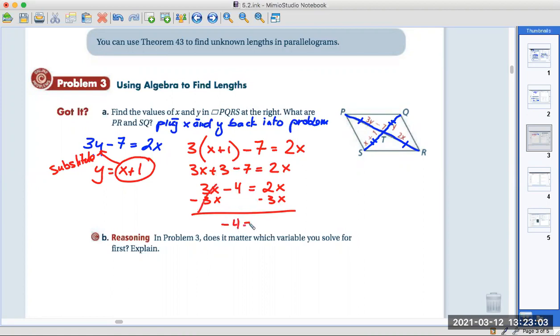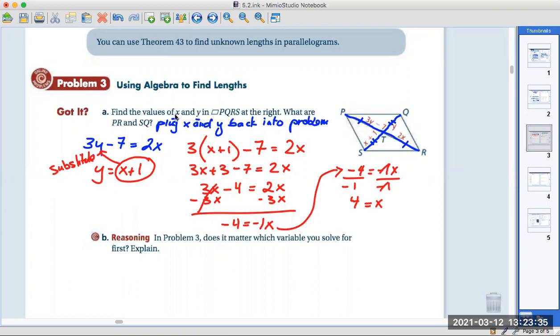-4 is -1x. And then I have divide by -1. +4. So x is 4, and I can find y. I'll just plug it in here, because I need x and y to answer the last part.